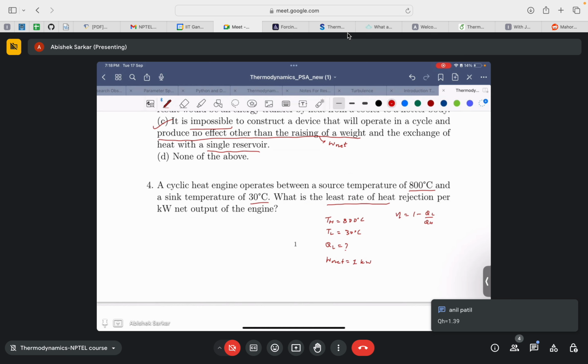Yes, it's correct. You need to find QL. What would be QL? Exactly.